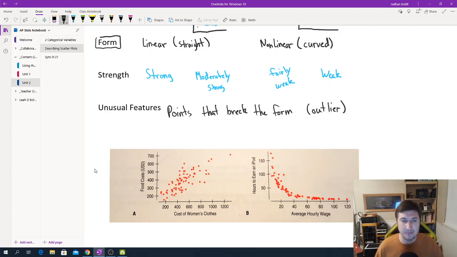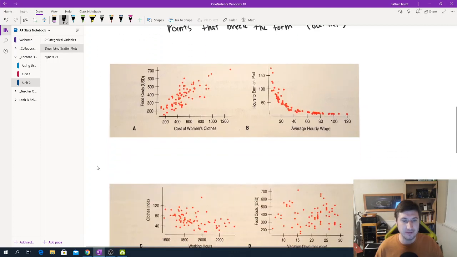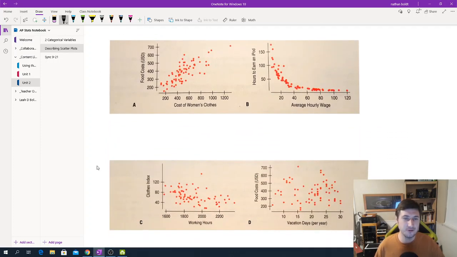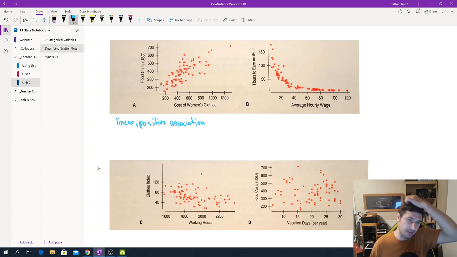All right, so now just rapid fire, I want to take a look at some scatter plots here and sort of describe what you might call them. Okay, so this one, to me, looks fairly linear. All right. In terms of association, this is a positive association. Probably should have put that before the linear, but that's okay.